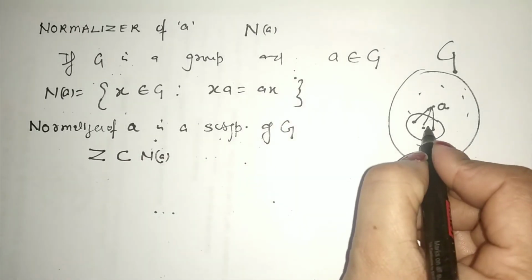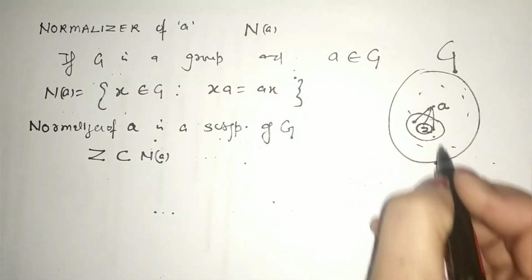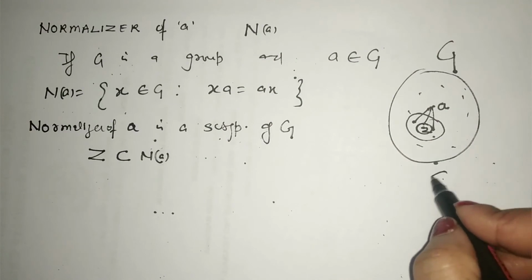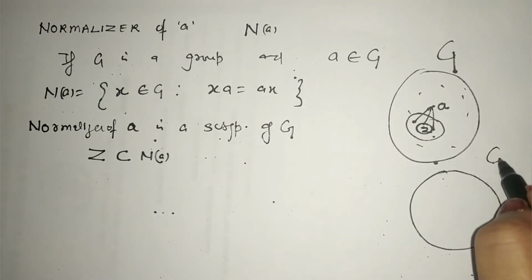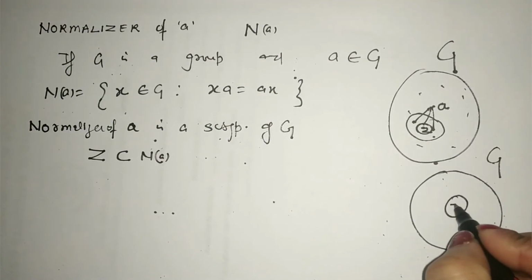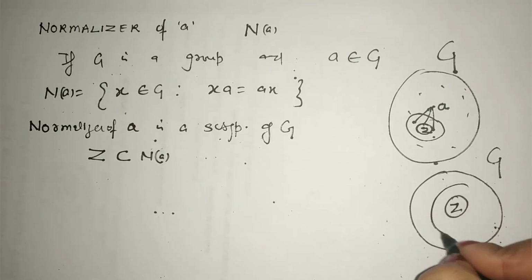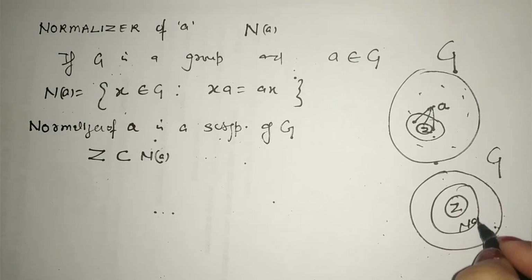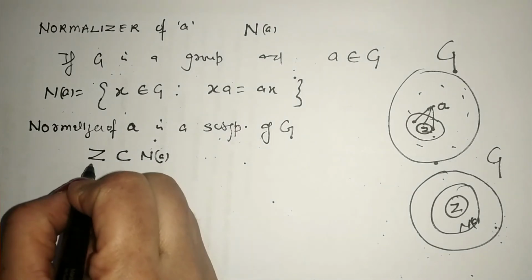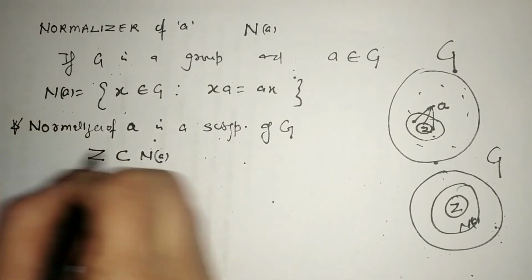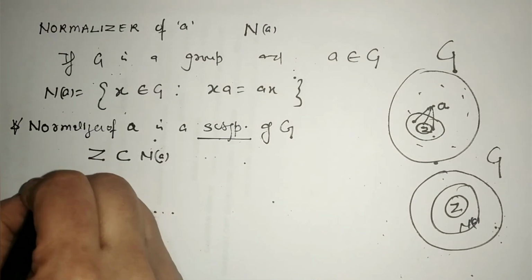Means Z, the center of a group. Here let it be the center Z. Then it will be contained in normalizer of A. This is what we have to show. So first we will show that it is a subgroup.